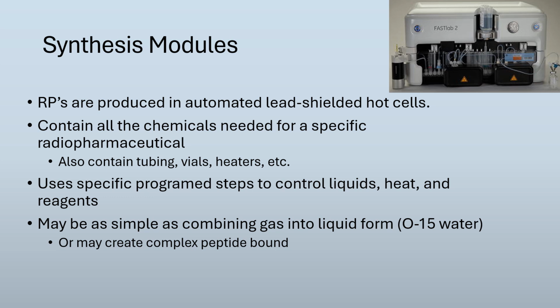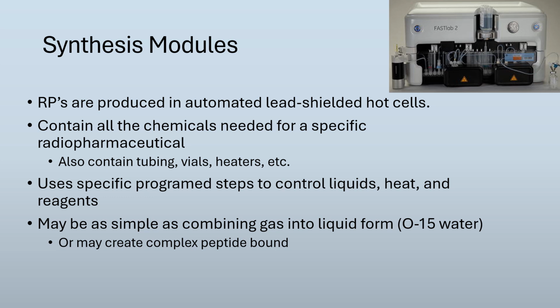They contain all the chemicals that are needed for a specific radiopharmaceutical. They also contain the tubing, the vials, any heaters that may be needed, anything like that. And it uses specific program steps to control the liquids, the heat, and the reagents that are used.